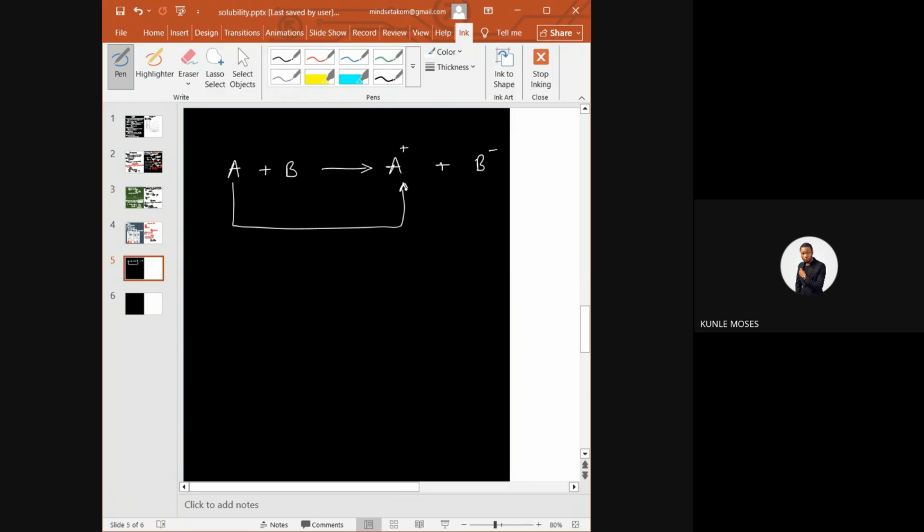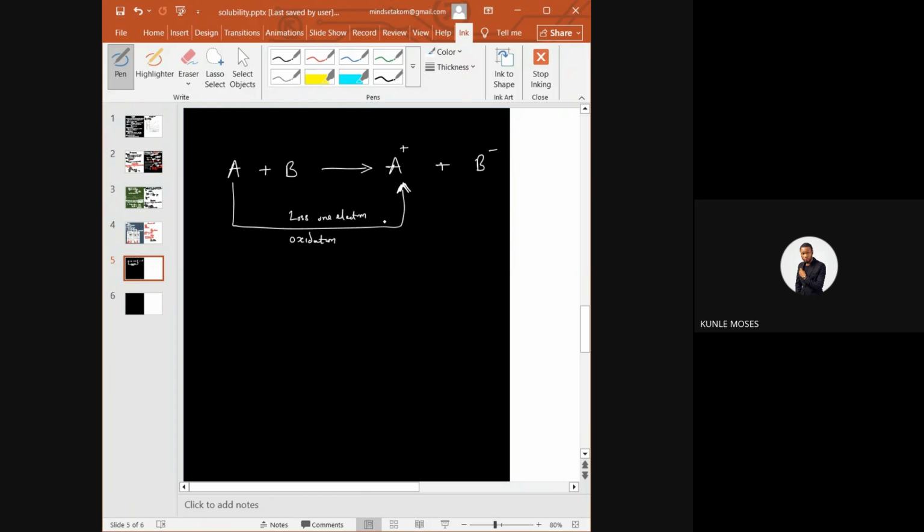Do you get it? This A, what did I say? It has undergone oxidation. Why? Because it has lost one electron. So when we say oxidation, it simply means an element has lost an electron.